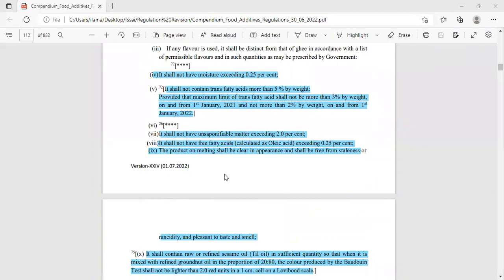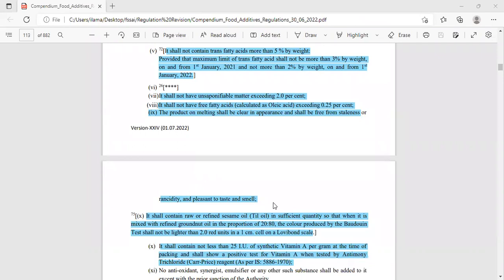And then just go through other highlighted values. And if we are using any raw or refined sesame oil in mixing with groundnut oil, it has to be in the proportion of 20:80. Just go through this once.